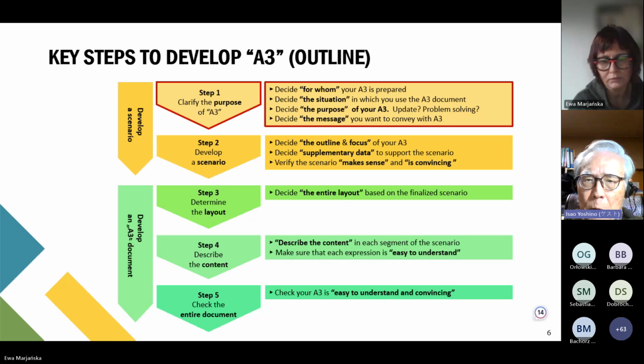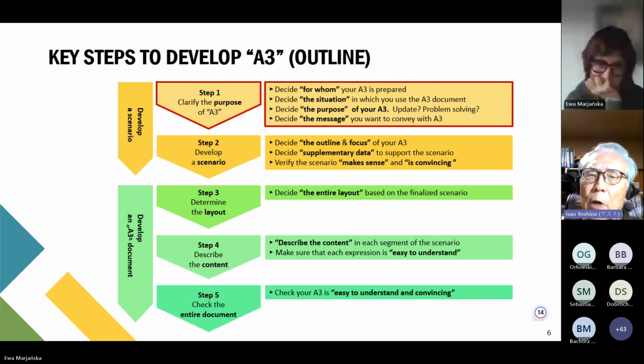Because in the case of PowerPoint, you can put so many things in page 1, page 2 to page 20. But A3 is just one piece of paper, so space is limited. So you have to check the content. That's step 4. Then finally, step 5 is the entire document.